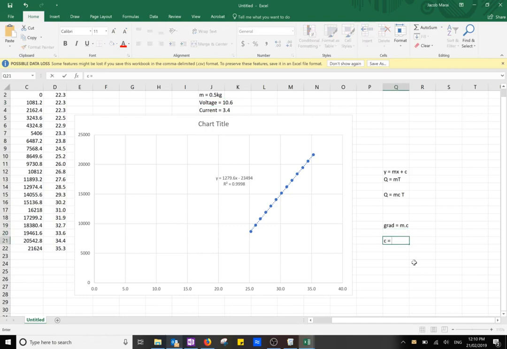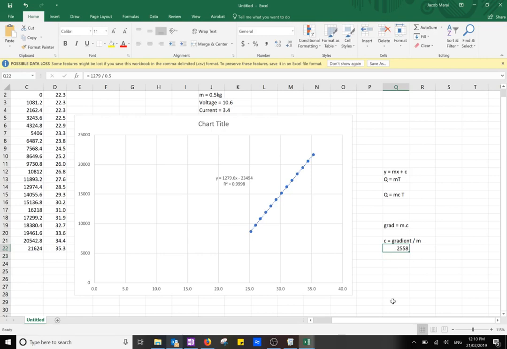Therefore, c is going to be equal to gradient divided by mass, which I could then say 1279 divided by 0.5. And therefore that is my specific heat capacity of the substance.